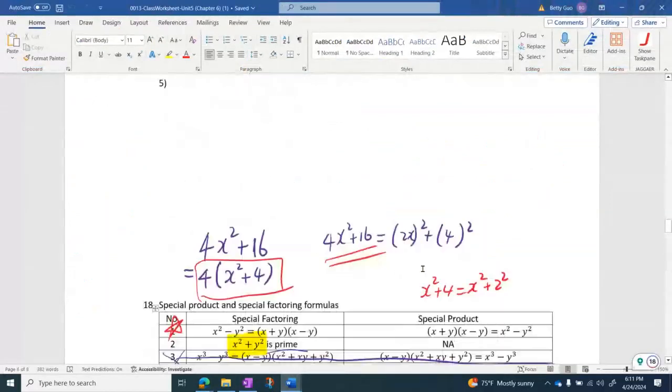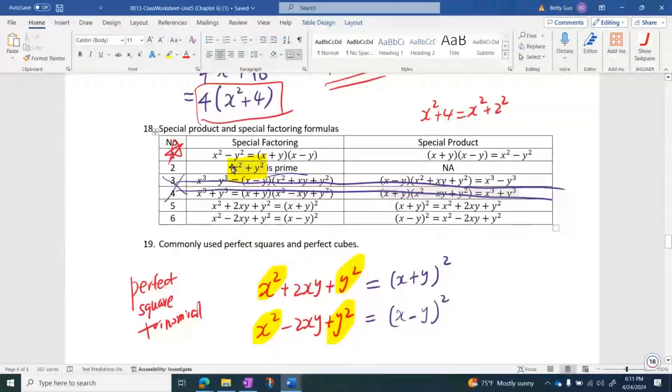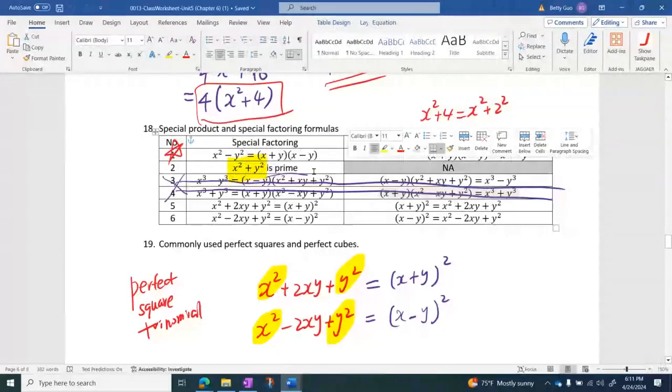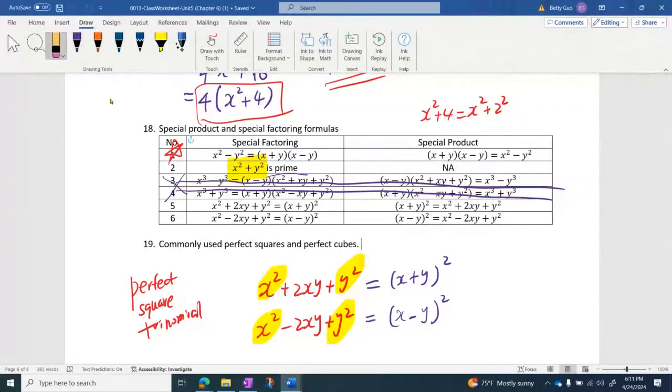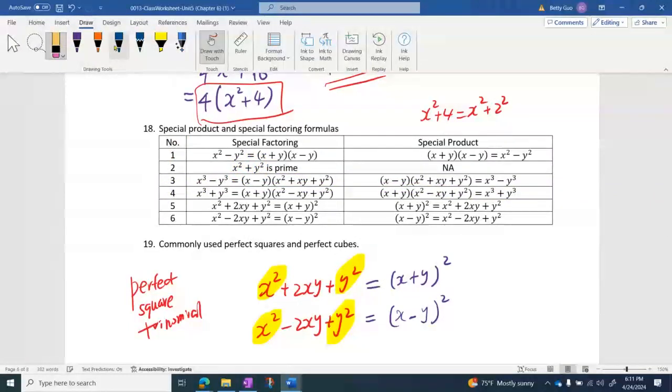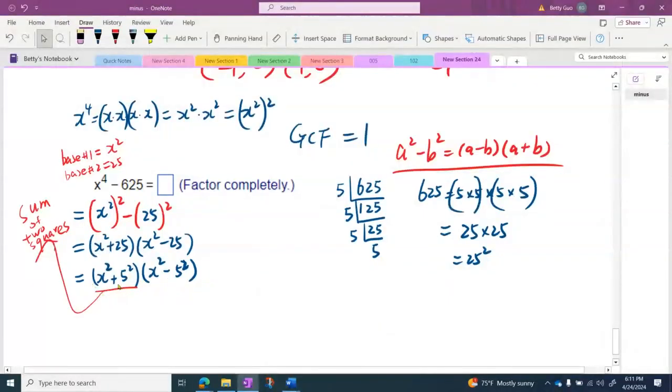Remember this table? Sum of two squares is prime, right? So x squared plus 25 is not factorable. I'm going to write 5 squared back to 25.